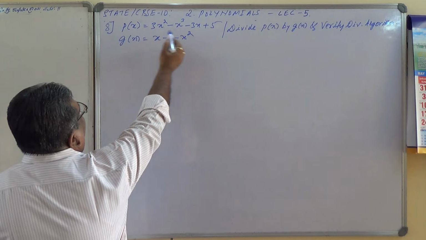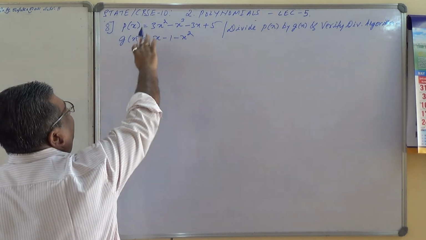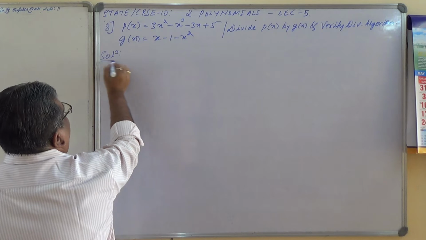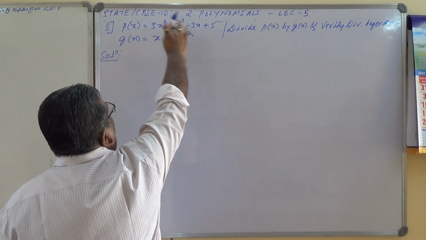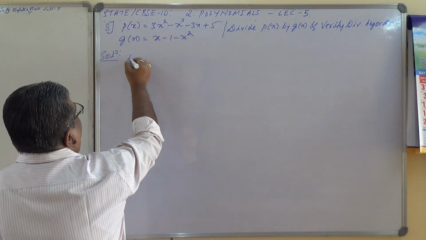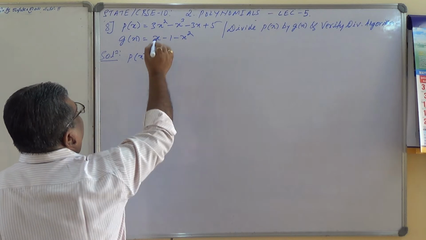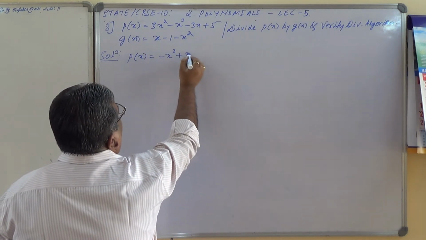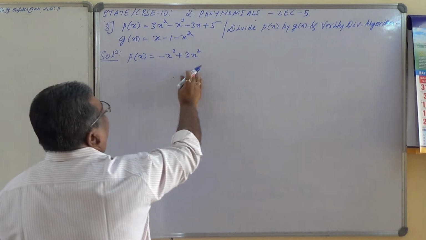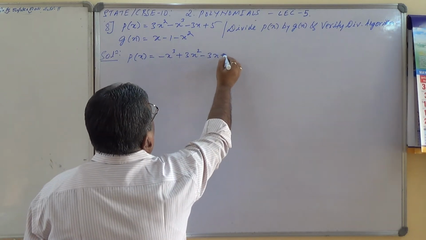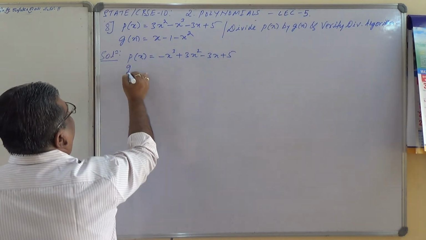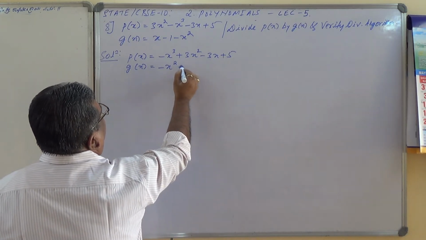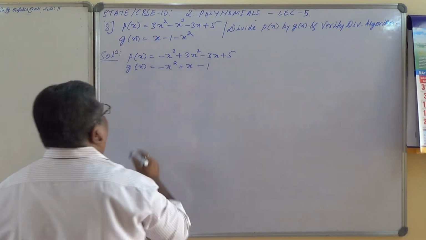Already p of x is given, g of x is given, but let me write in a particular order because that is most important, the decreasing order of the power. Therefore, let us write p of x in the decreasing order of the power of the variables, which is minus x cube plus 3x square minus 3x plus 5, and g of x also in the decreasing order, minus x square plus x minus 1.